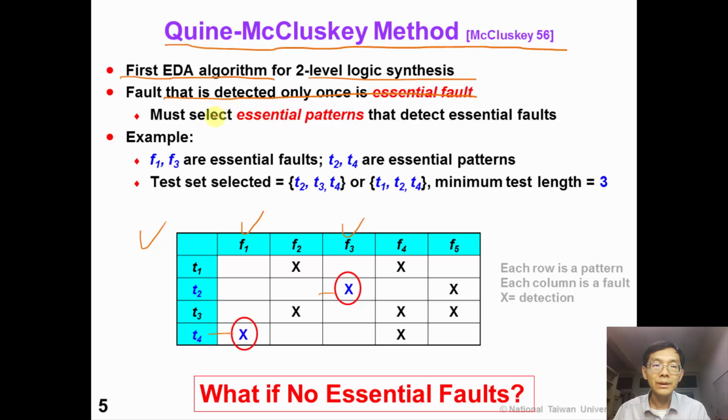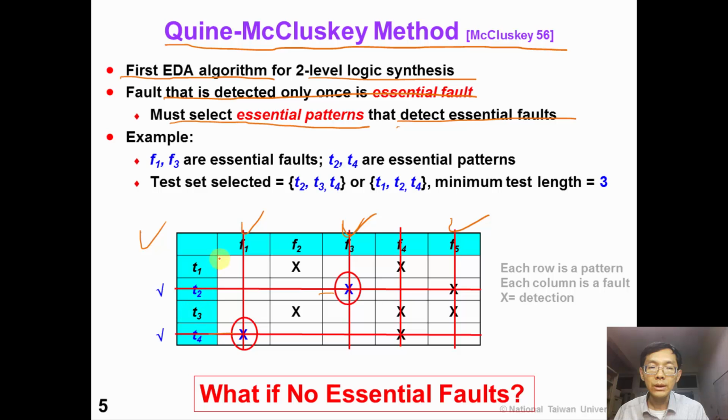It is obvious that patterns T2 and T4 must be selected. They are called essential patterns because they detect the essential faults. If we select pattern T2, we can detect faults F3 and F5. If we select pattern T4, then we detect faults F1 and F4.